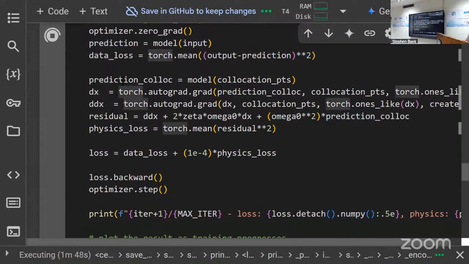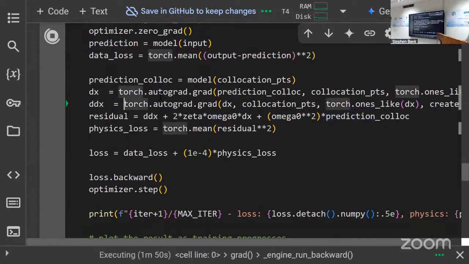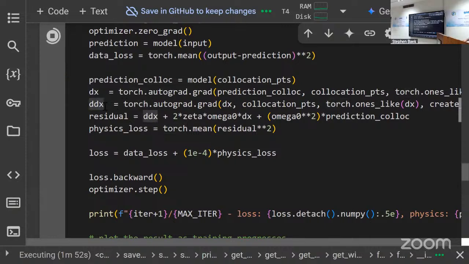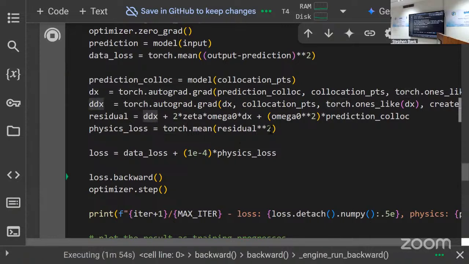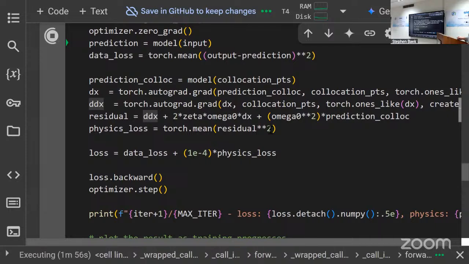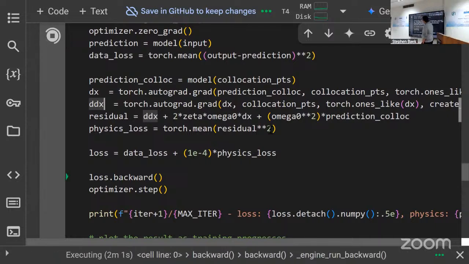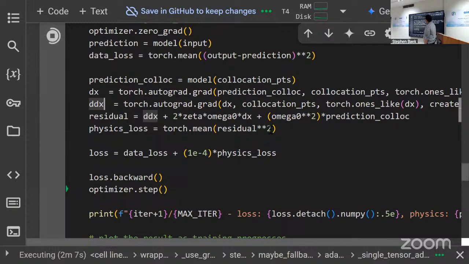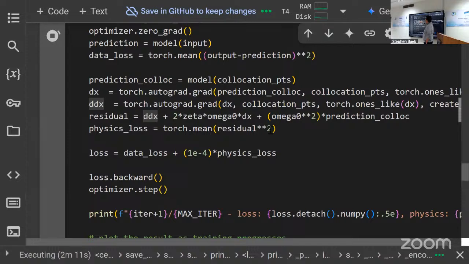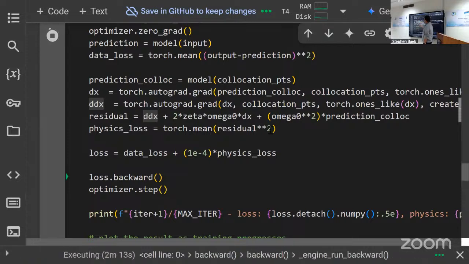And then the physics informed loss was essentially, you take the automatic differentiation of the model prediction. For the physics informed loss, we saw that the collocation points are the points where the model is evaluated. So for a set of collocation points, we make a prediction and then take derivatives.